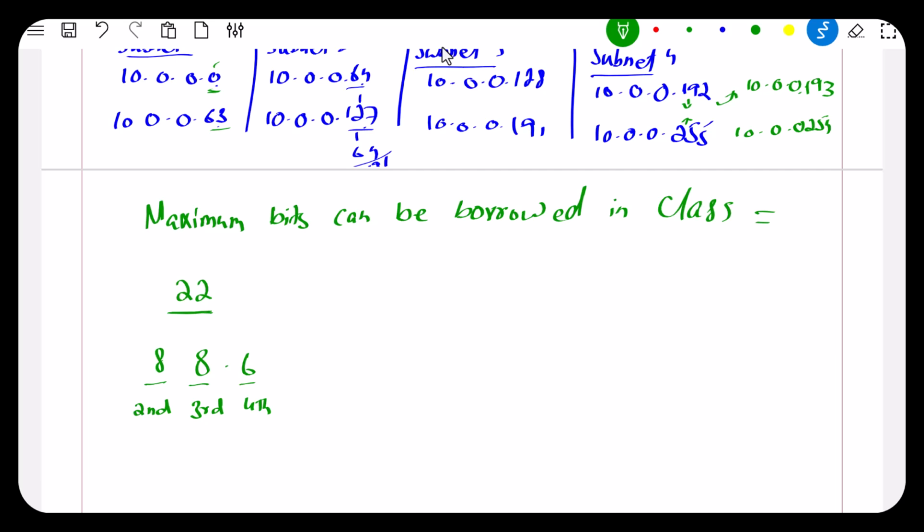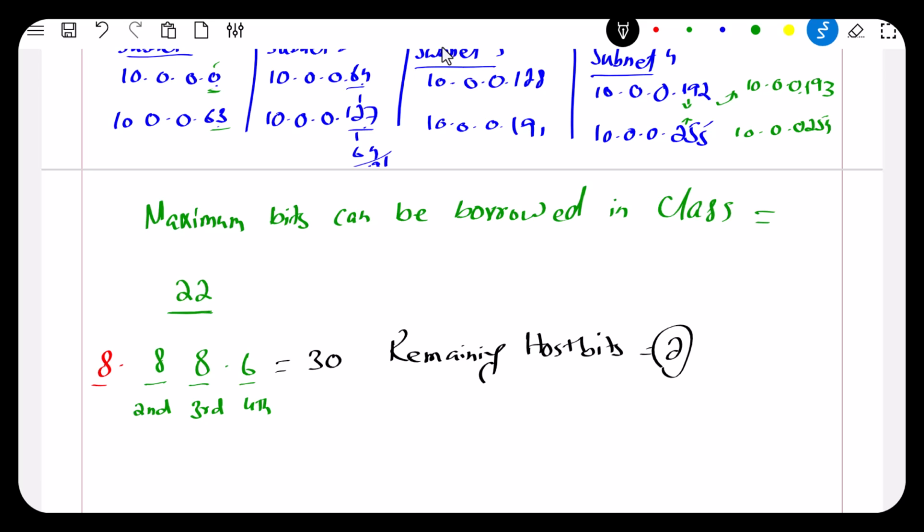And 8 will be the default. 8 are the default. So now 8 plus this, the total number is equal to 30. So remaining host bits are equal to 2. Only 2, okay?